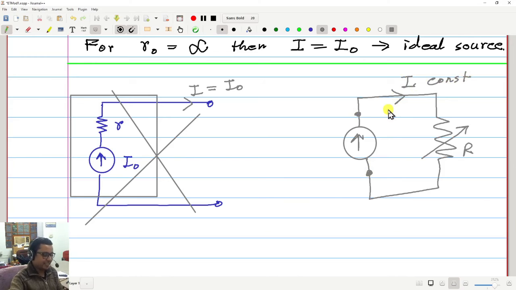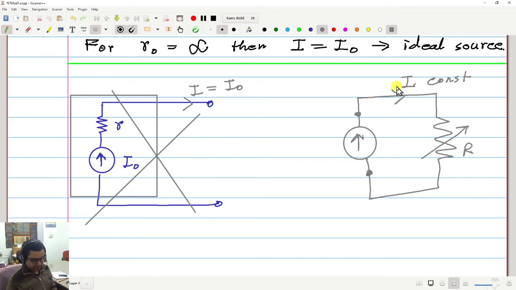You think that this is an intelligent source. It automatically adjusts the voltage so that the current remains constant. That happens for an ideal one. But practically, it will not be able to maintain the same current. Gradually, the current will slightly decrease.